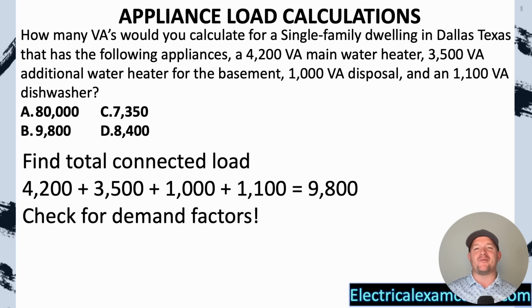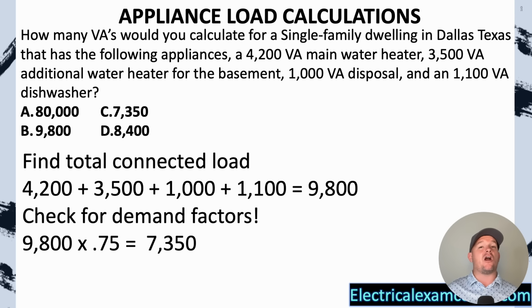Step 2, check for demand factors. In this case, we have 4 or more appliances, so we are allowed to apply the 75% rule. We take our original calculation, multiplied by 0.75, and that gives us a new reduced load of 7,350. And we select C.